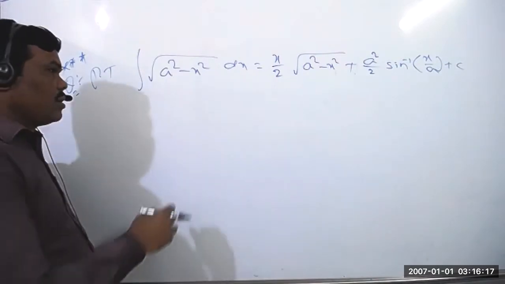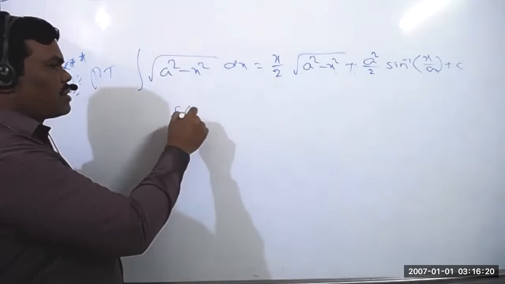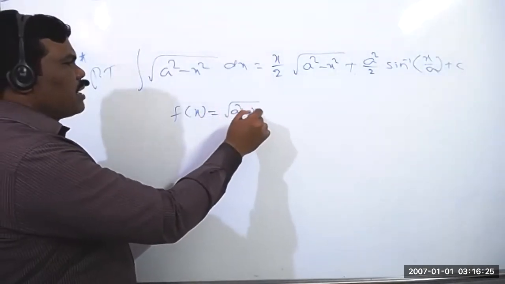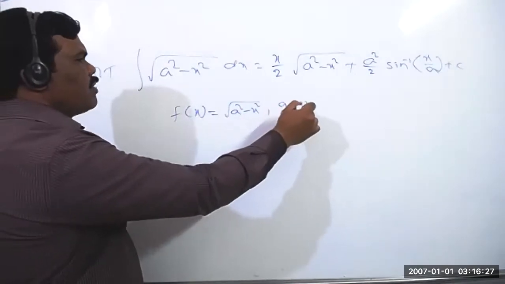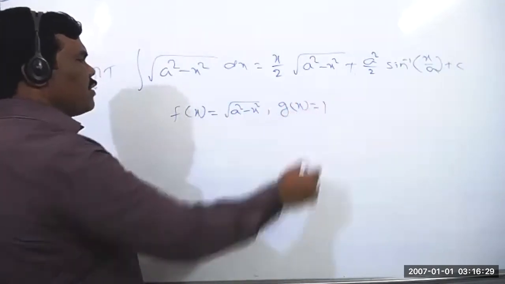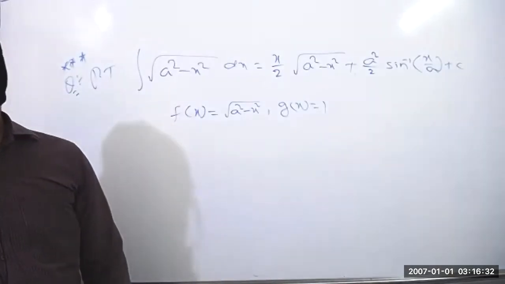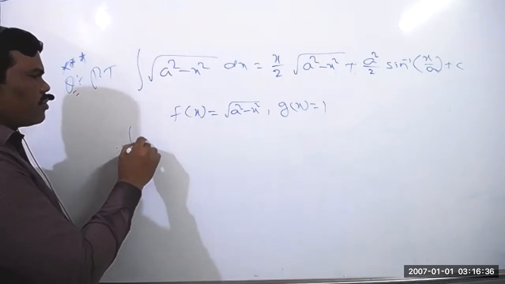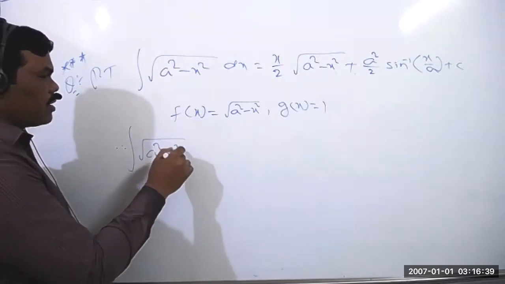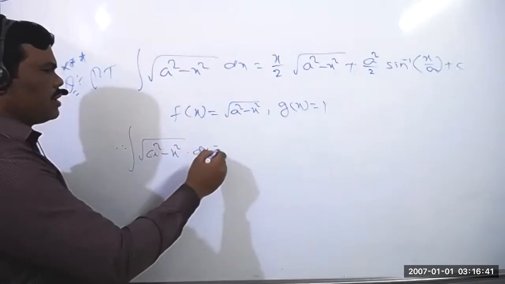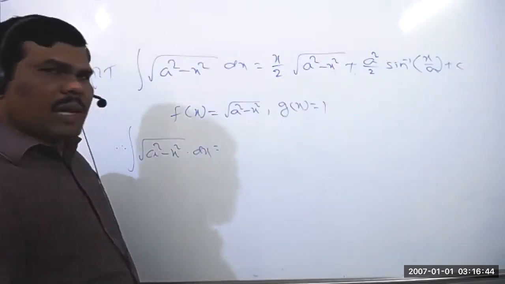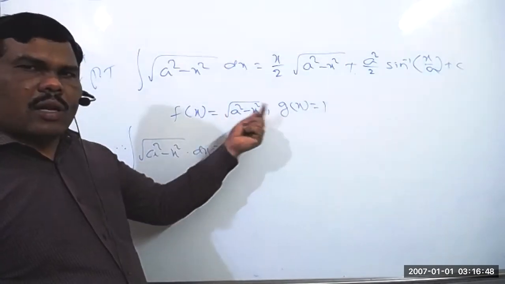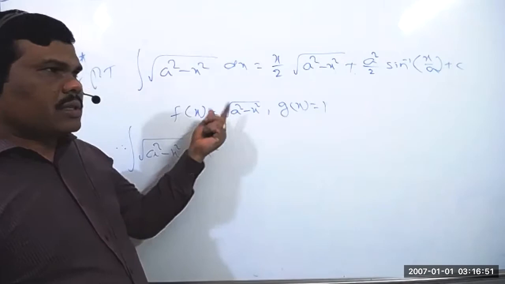Same procedure. Now in this case, we can take f of x equal to root of a square minus x square, and g of x equal to 1. Now integrate. Therefore, integration of root of a square minus x square into dx is equal to, I think you know the by parts method, f of x into integration of g of x minus integration of f dash of x into integration of g of x into dx.